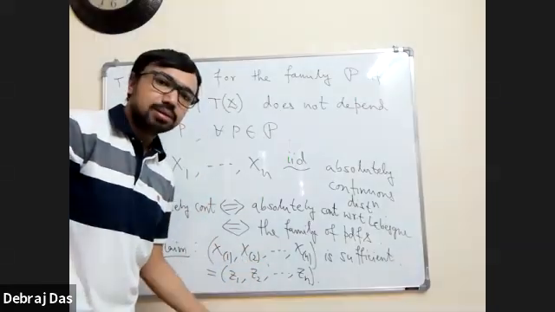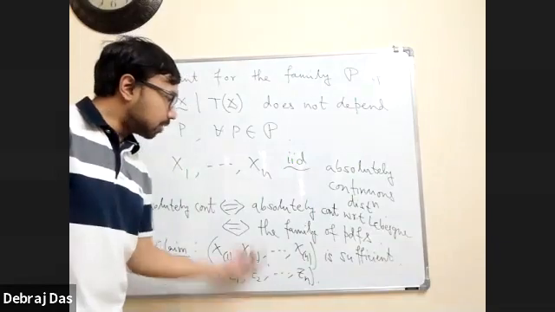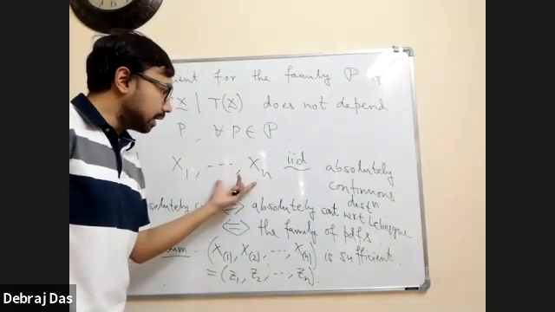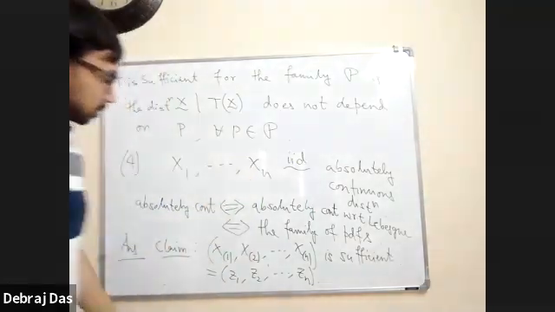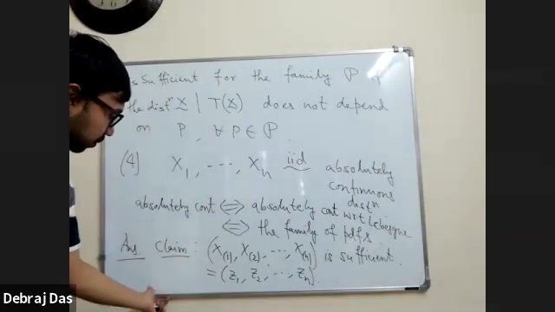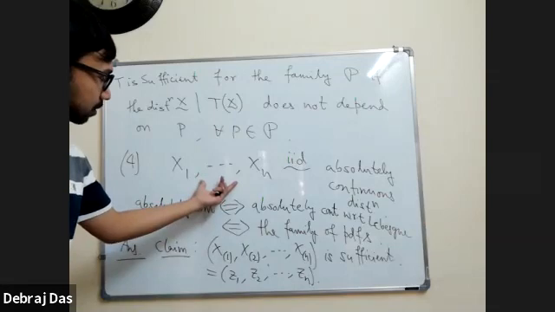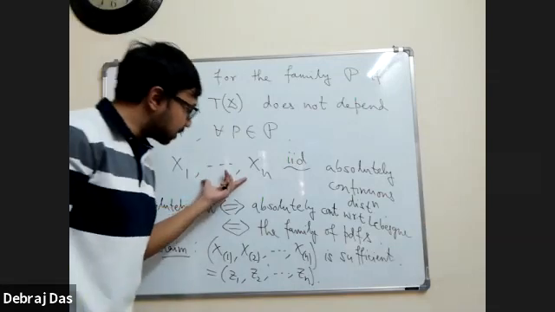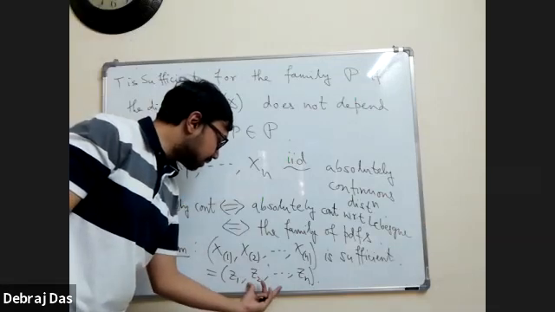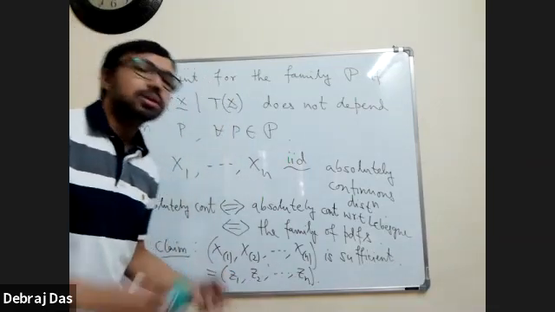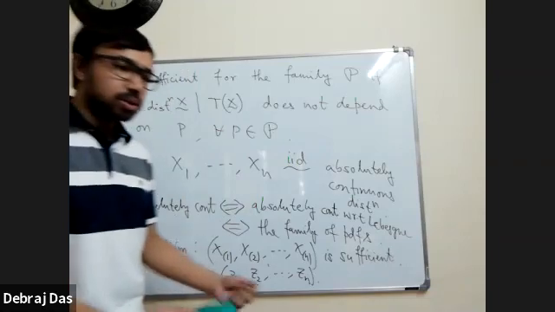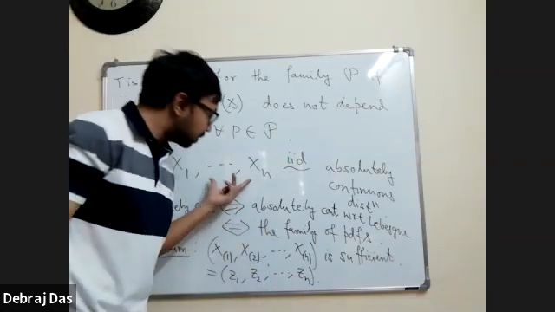Nothing else. And how many permutations are there? There are n factorial permutations. So the possible values of the sample given the order statistics are simply some permutation of these values, and that's why there are n factorial choices of this sample.